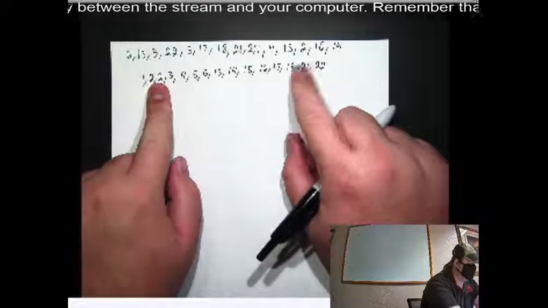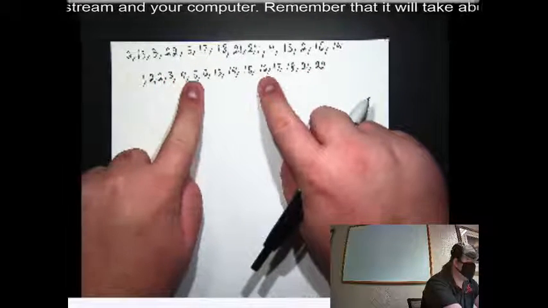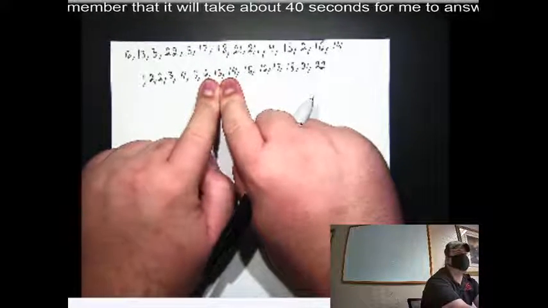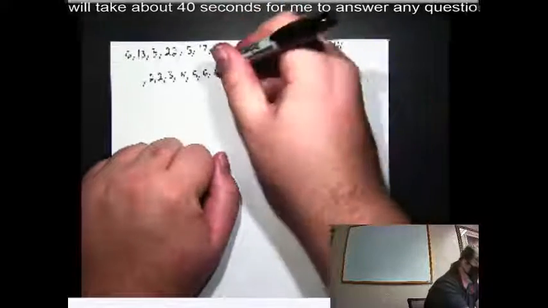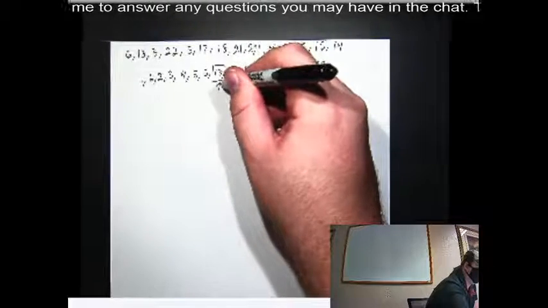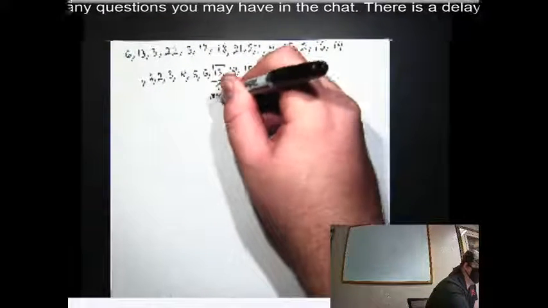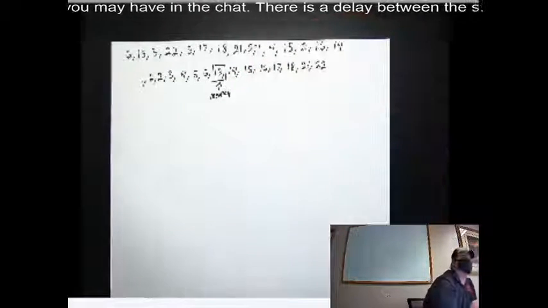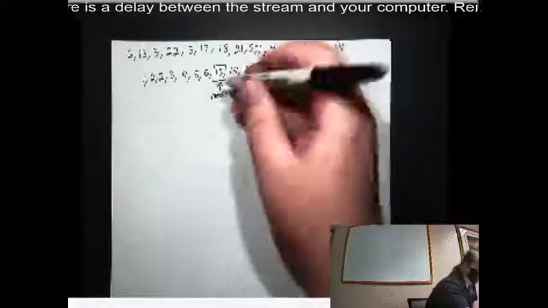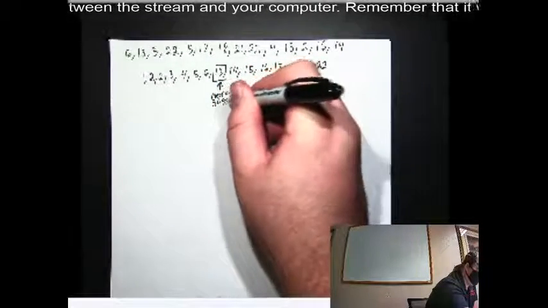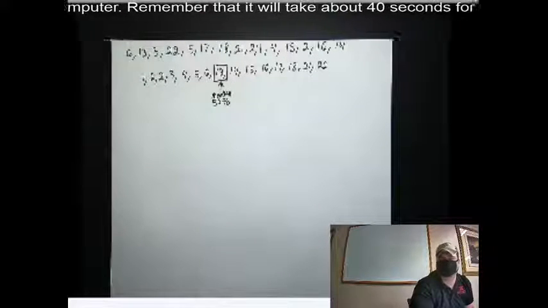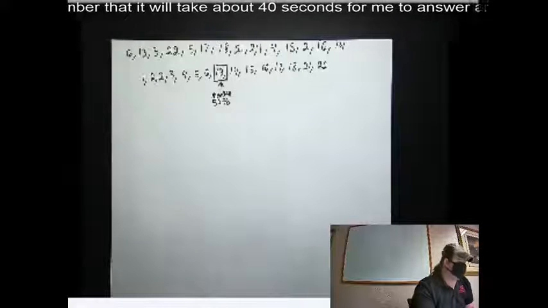We count in from each side, and we get 13. 13 is directly in the center of our data. Again, this is our median. But this also represents the 50% mark of our data. So by the time we get to our median, we have seen 50% of our data. Does that make sense? Okay.